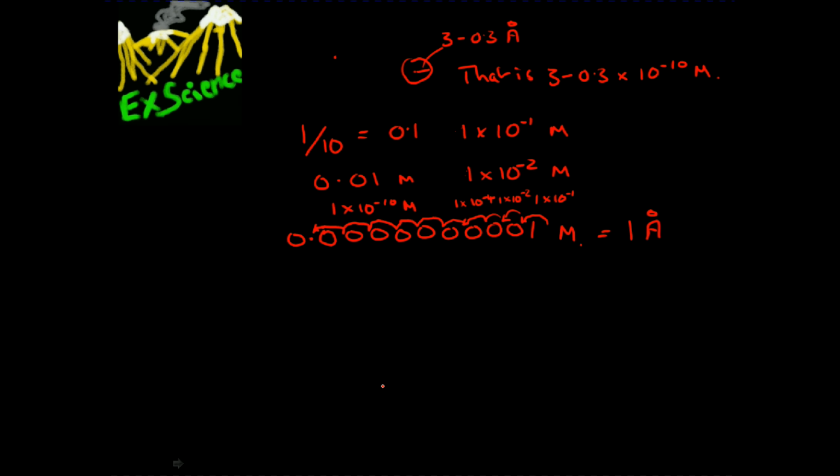So let's try and put this number into perspective a little bit. If I was to take a large atom, the diameter would be 6 angstroms.